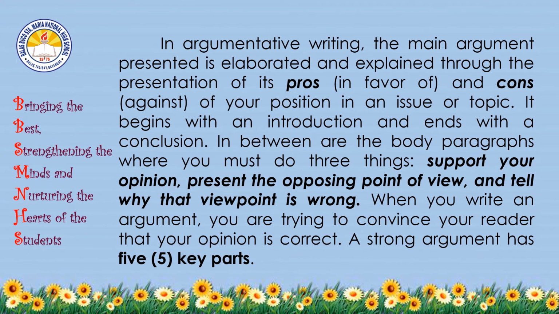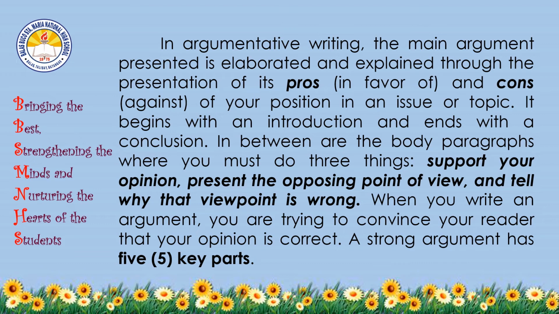In argumentative writing, the main argument presented is elaborated and explained through the presentation of its pros, which is in favor of, and cons, which is against, your position in an issue or topic. It begins with an introduction and ends with a conclusion.